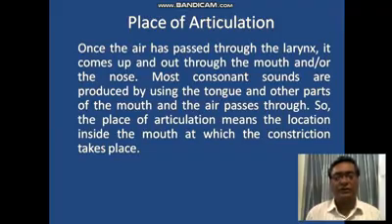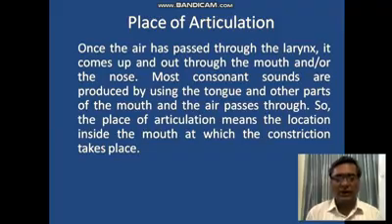Now, dear students, try to understand one thing, that basically air comes from the lungs and passes through some places. At first it passes through the larynx, then pharynx, and then it comes out of our mouth. So air basically comes out either through the mouth or through the nose. So that's how sound is produced.